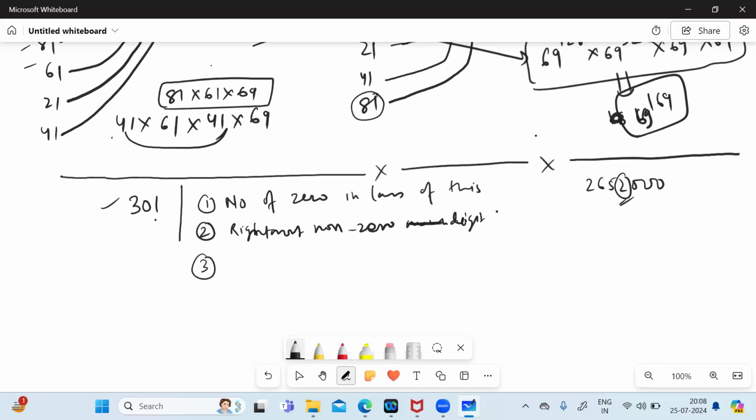Similarly, the last 2 digits before zeros, like 52. This is it. So you have to find this out also.